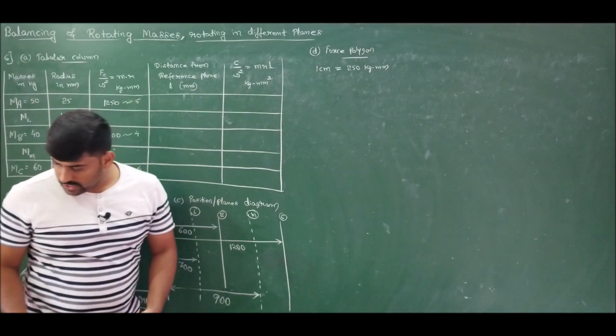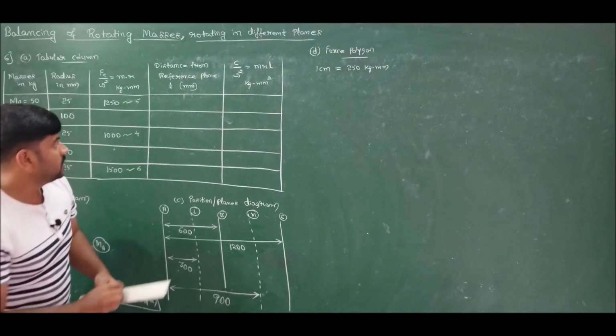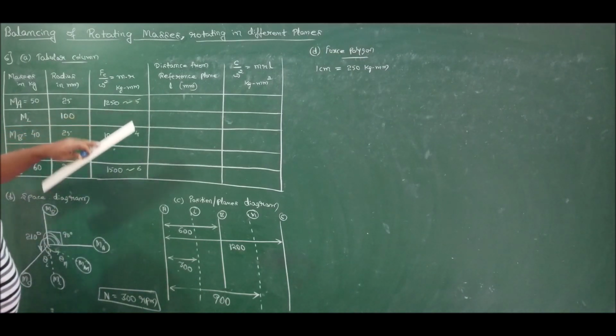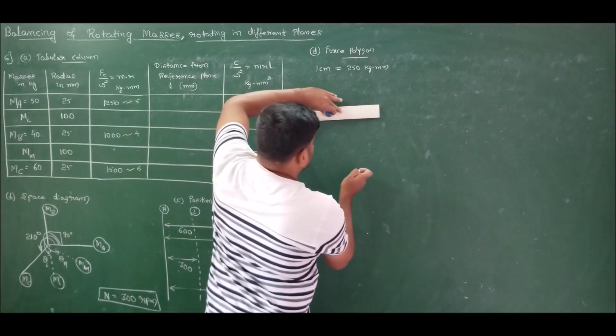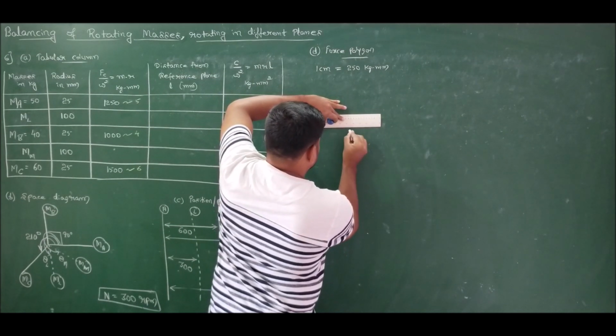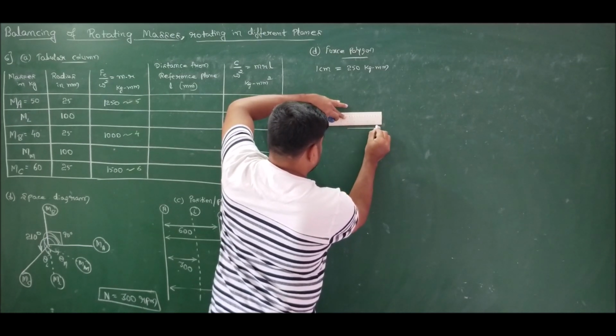So if I draw the polygon, we have mass A. Mass A is at 0 degree, length is 5 centimeter. So draw at 5 centimeter. Done.